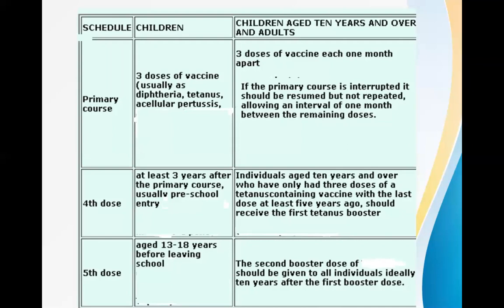If there is any indication, then only we take. So a safer option would be, if the patient has already crossed the 5 year or 10 year gap since the last dose, and if the wound is looking quite dirty, don't hesitate to go for a tetanus injection. This is the important point.